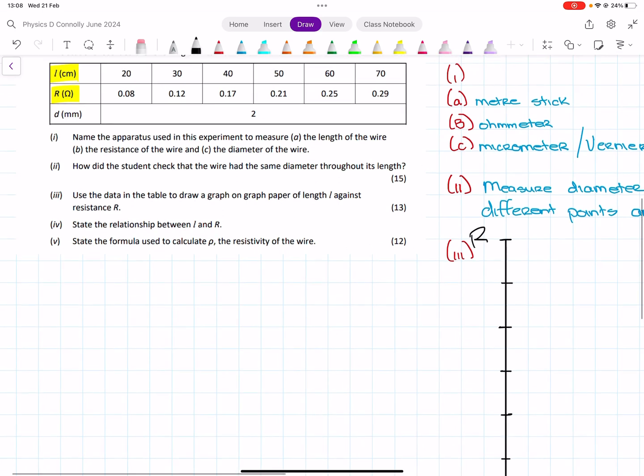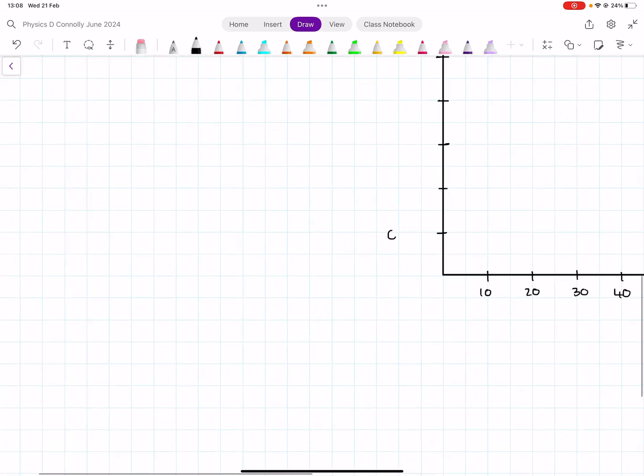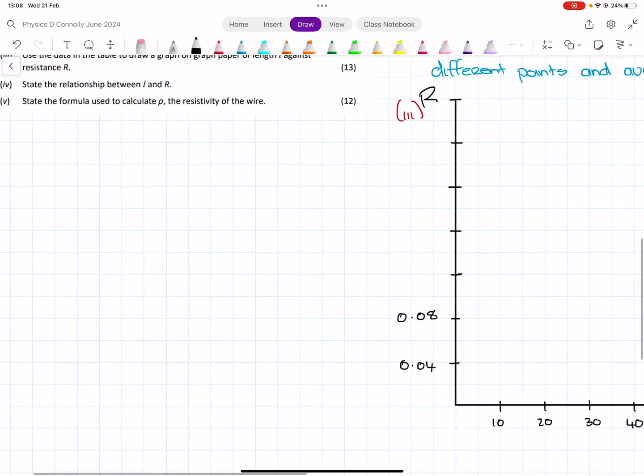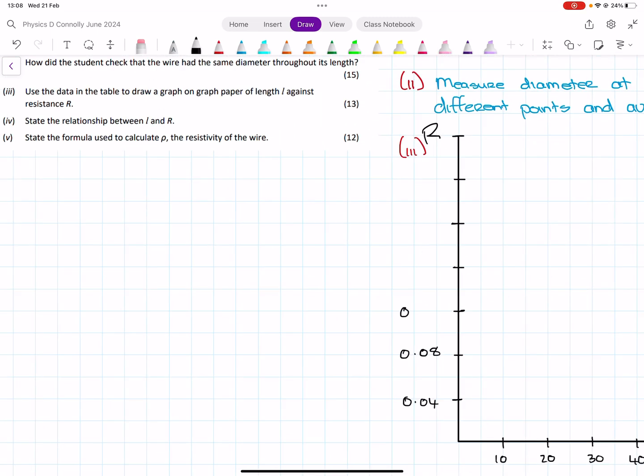So that is 0.04, 0.08, 0.12, 0.16, 0.2, 0.24, and the top one here is 0.28.